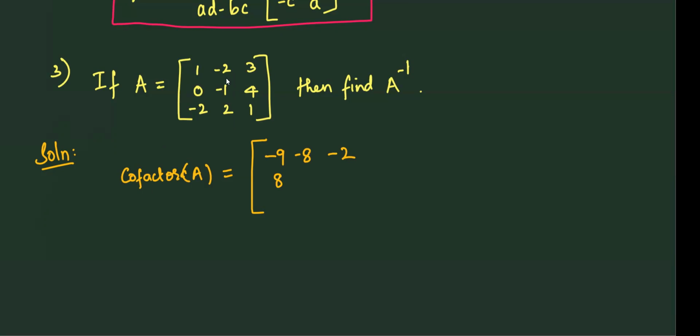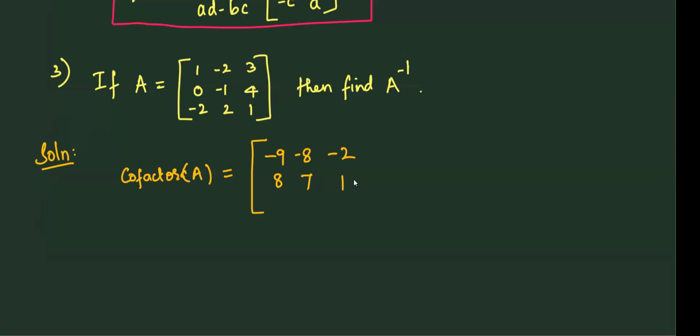Next, cofactor of minus 1. Remove the second row, second column. Then take the determinant. 1 into 1 is 1, minus of minus 6, so 7. Next is minus 1 minus 0, so 1 with a plus sign.